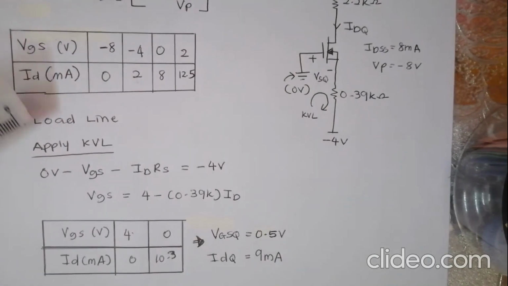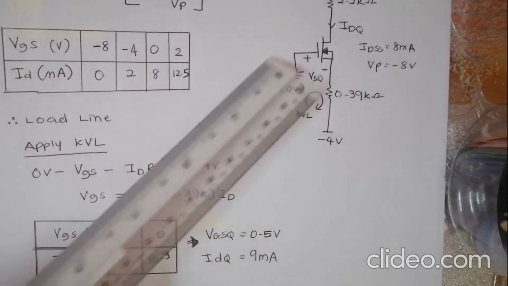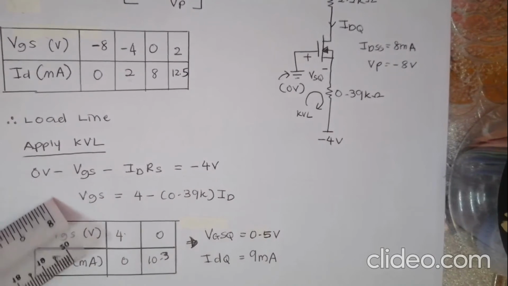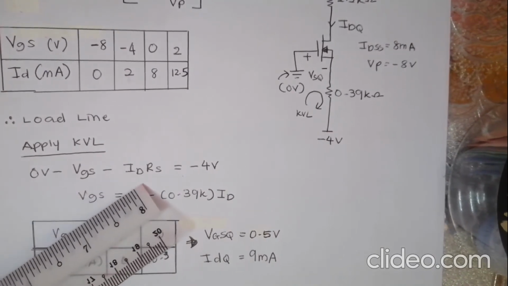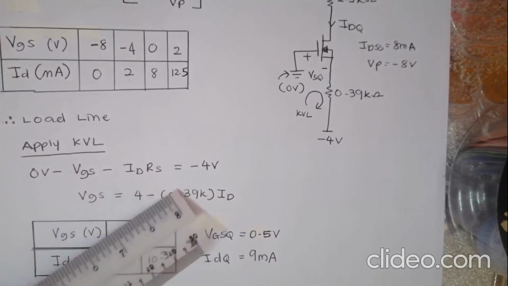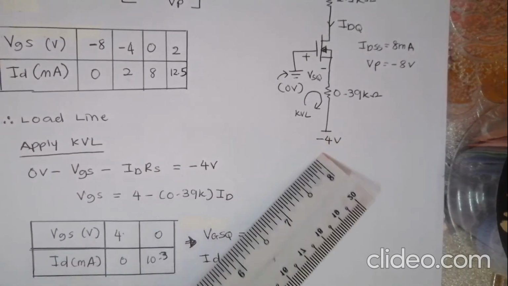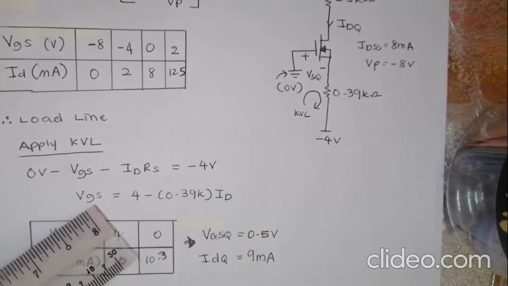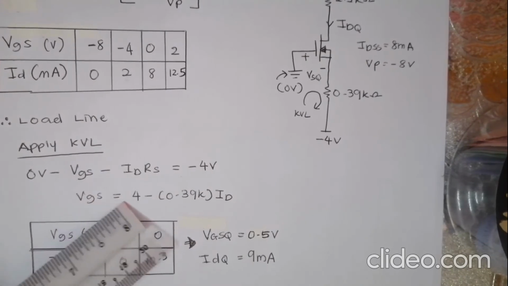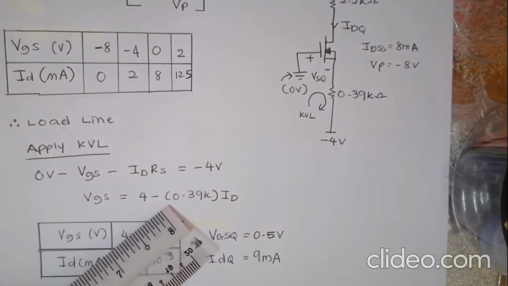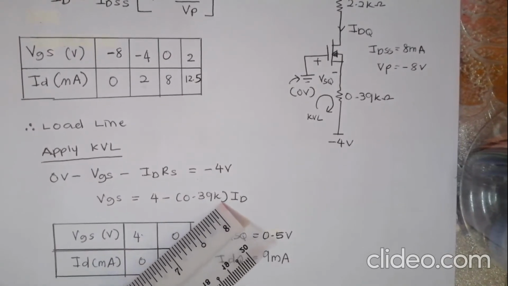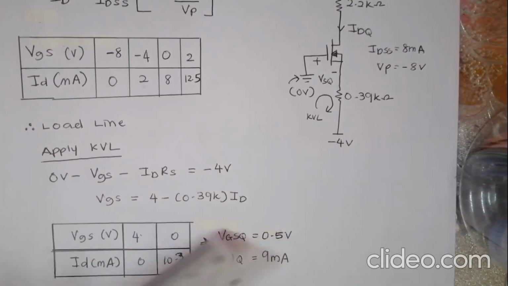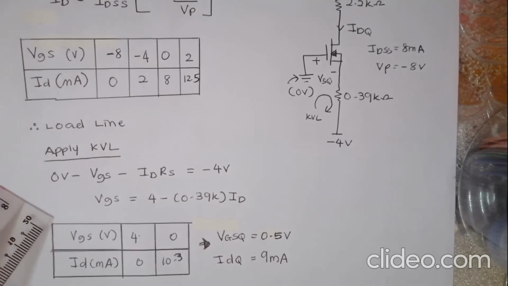To find the load line, we have to apply KVL here, which is 0 volt minus VGS minus VS, which is IDRS, equal to minus 4. So we can make VGS as 4 minus 0.39 k ohm multiplied by ID. We need 2 points.